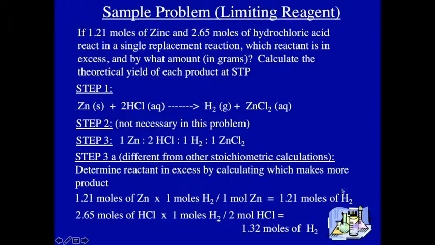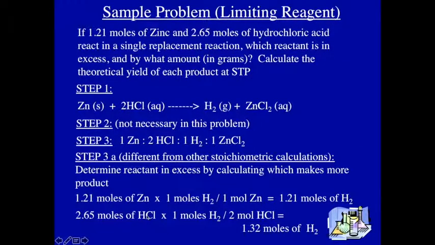If, however, I reacted all of my hydrogen chloride, and the mole ratio there is 2 moles of hydrogen chloride to 1 mole of hydrogen gas, if I reacted all of my moles, I would end up with 1.32 moles of hydrogen gas. So either my zinc is going to run out first or my hydrogen chloride is going to run out first.